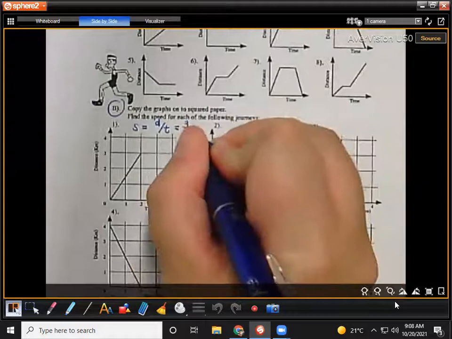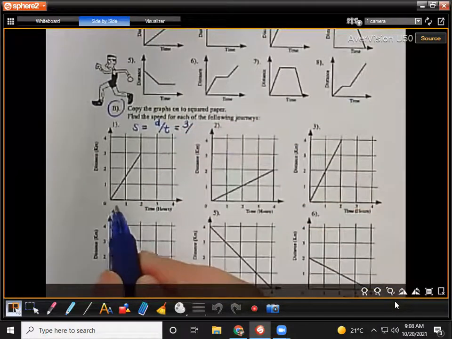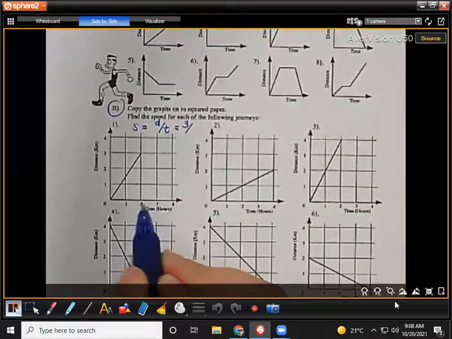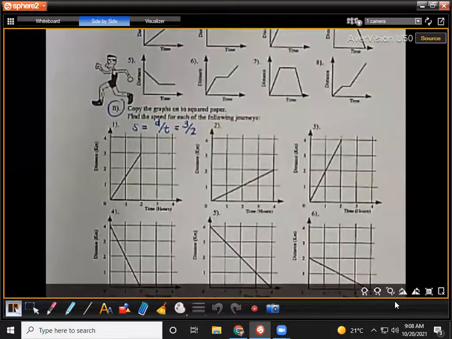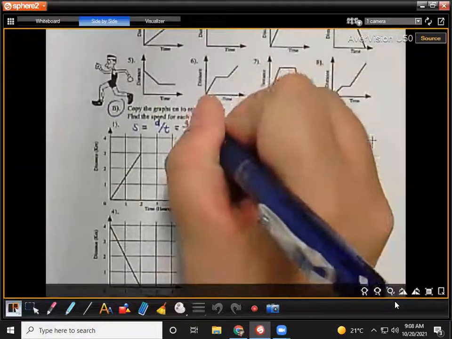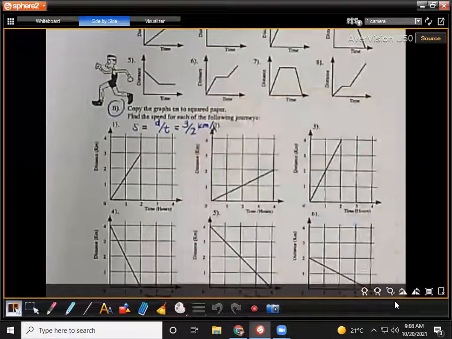So 3 over, how much time did it take them? How many hours? 2. So 3 over 2. You can leave it like that. What's 3 over 2 as well, though? 1.5. So the answer here is 3 over 2 or 1.5. You can decide how you want to write it. Kilometers per hour. Okay, so 3 over 2 kilometers per hour.